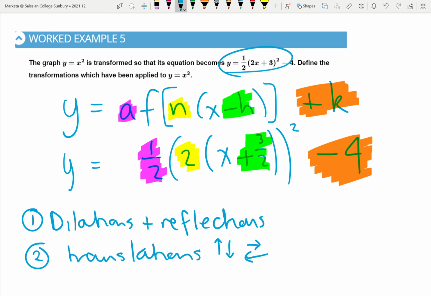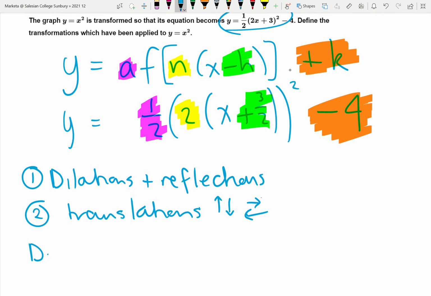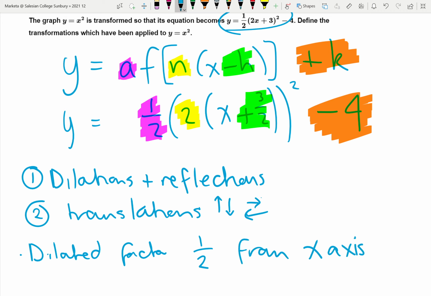So let's see, the first thing we can say: dilated by a factor of half from the x-axis. If you look back up to the list at the top there, that tells you what the a, n, h, and k mean.